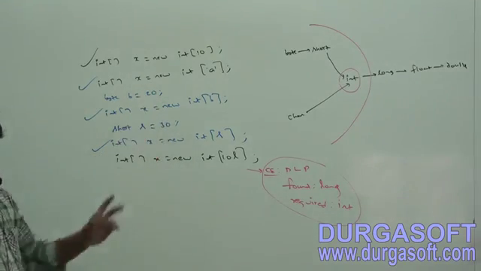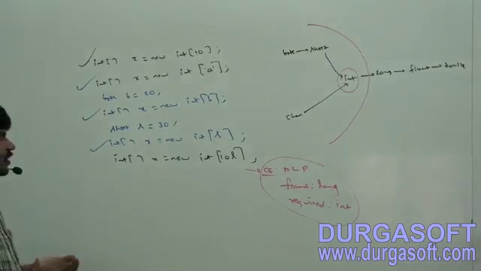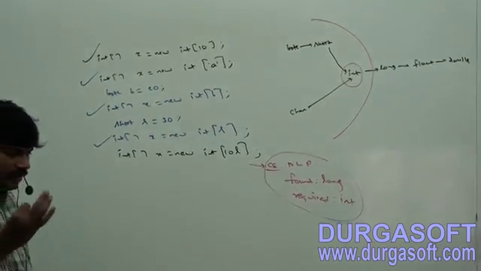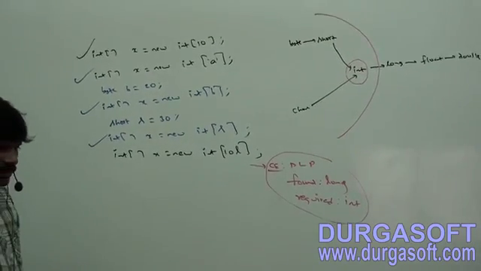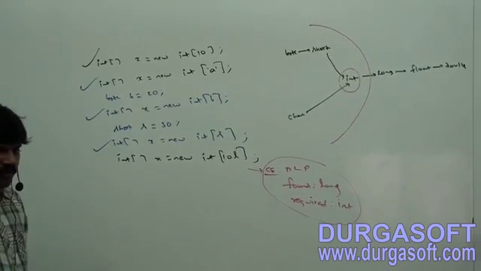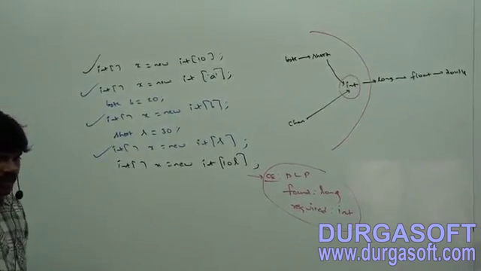Okay, take this example. Allowed data types are byte, short, char, int. Better to take one by one, right?